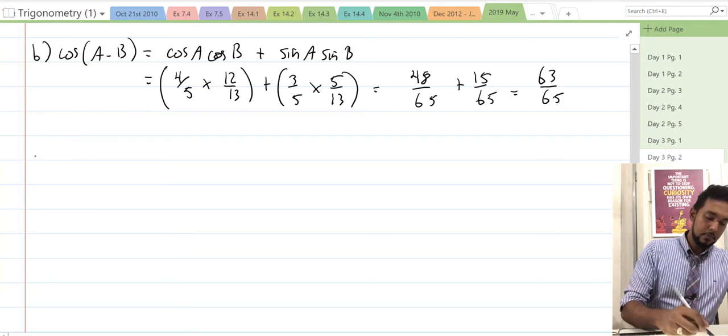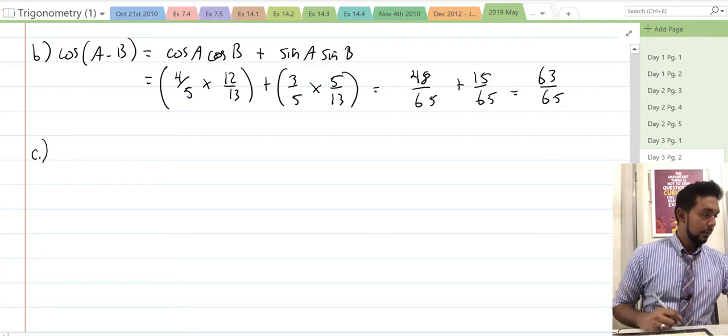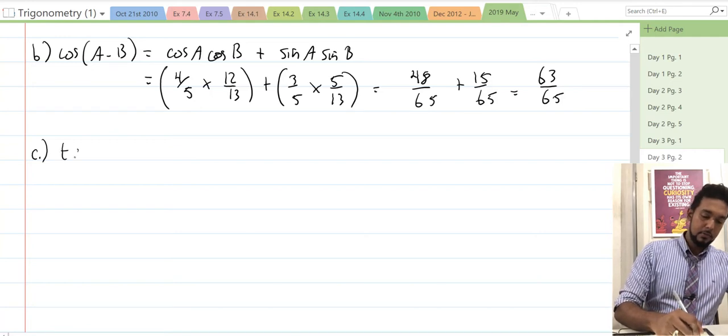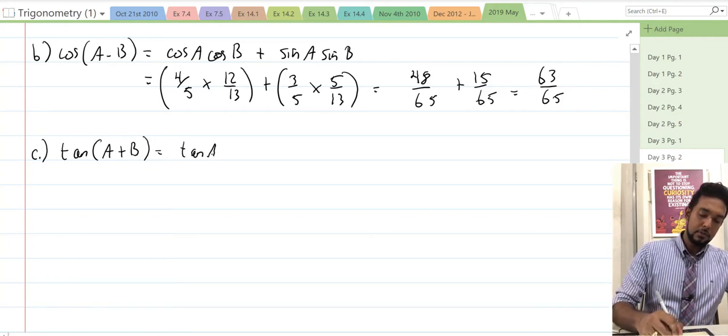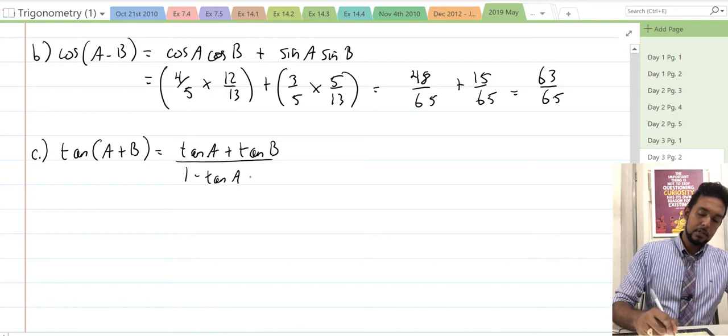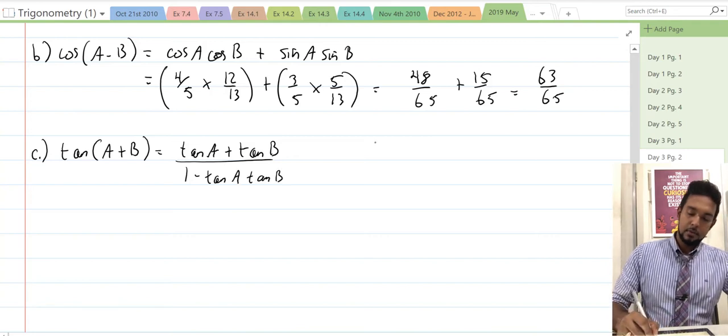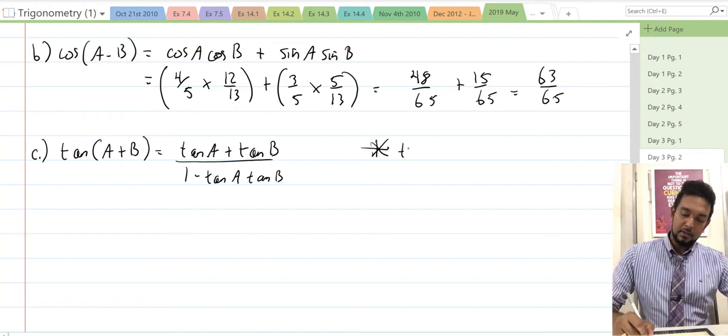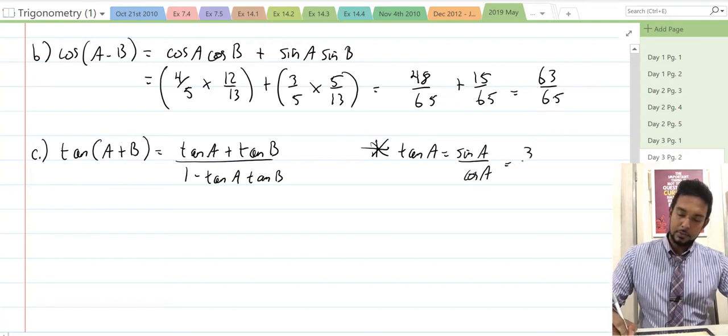And part C now. We have tan of A plus B. That'll give us tan A plus tan B over 1 minus tan A by tan B. So to find tan A, that's sine over cos. Sine A was 3/5, cos A was 4/5.